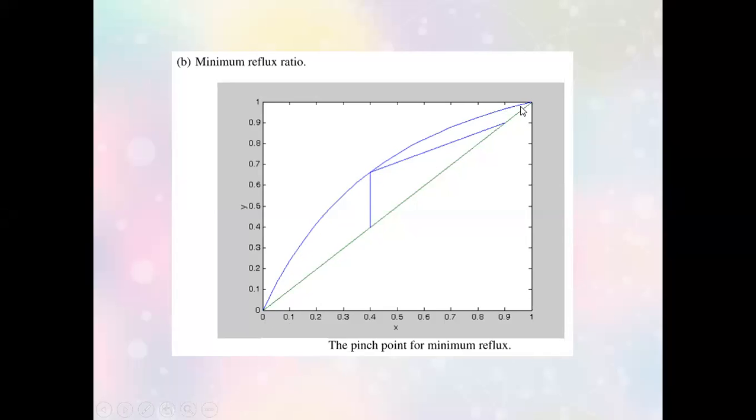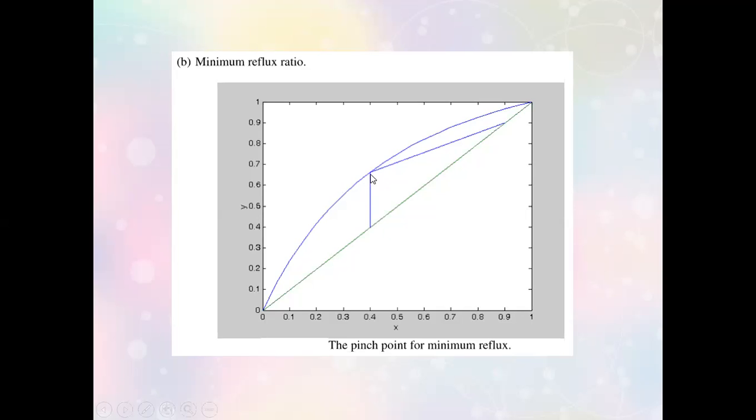In this problem, our Q is 1 because our feed is saturated liquid with 40% pentane. So that's 0.4 here. We draw a vertical line representing Q, which is equal to 1, and this is the pinch point. You're going to get the corresponding Y prime here and the corresponding X prime, which is equivalent to 0.4.